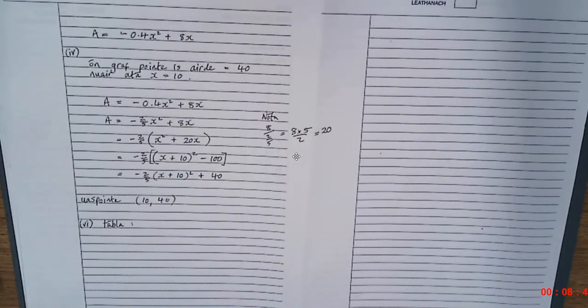The x quadrant is 25.6. There's the x quadrant, so it's 3.6. So we got the area.